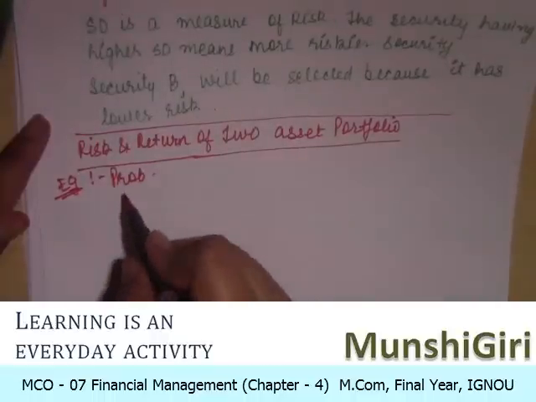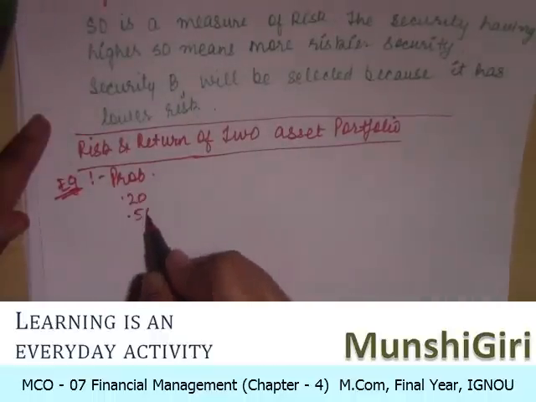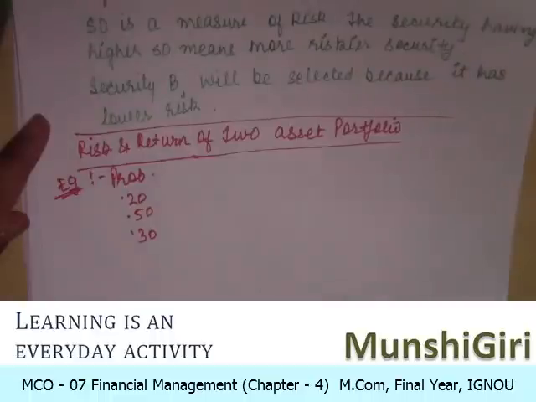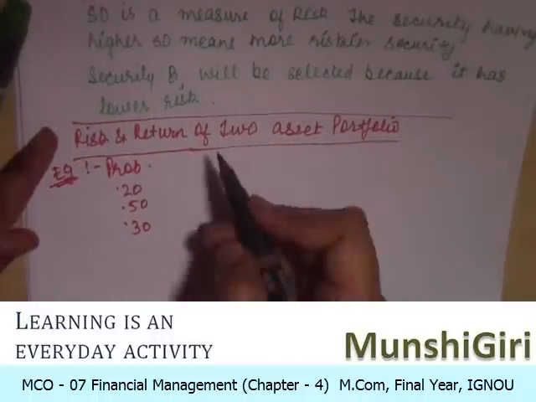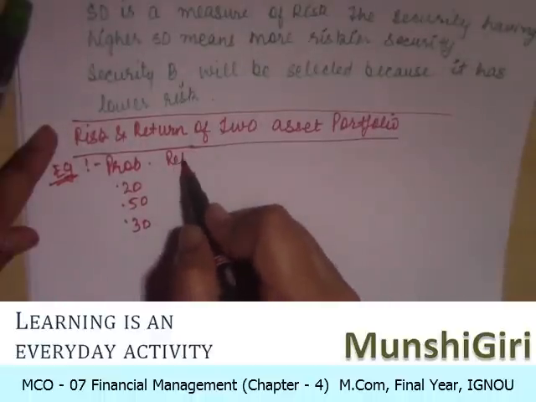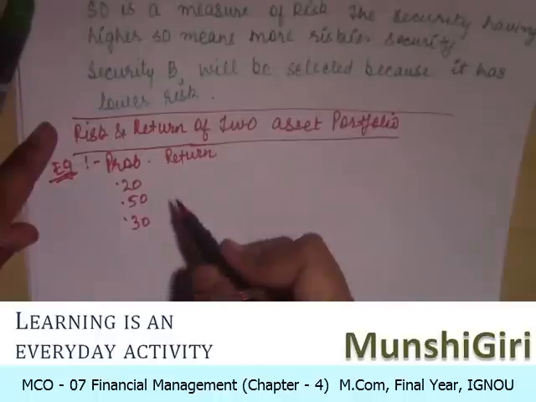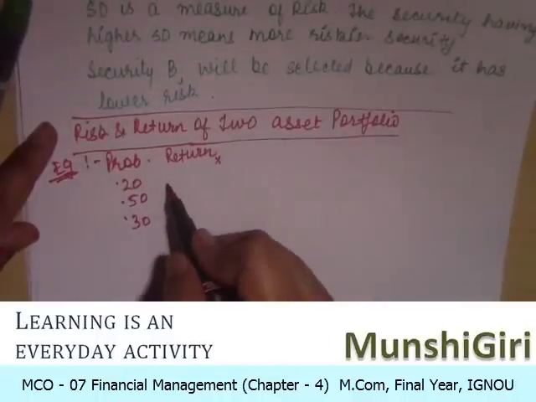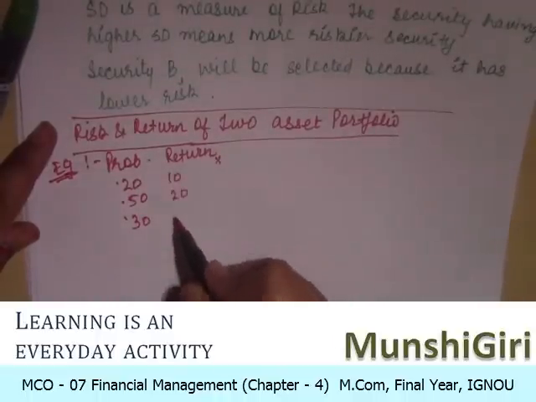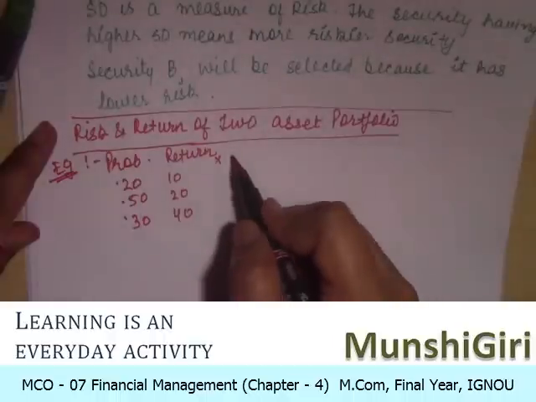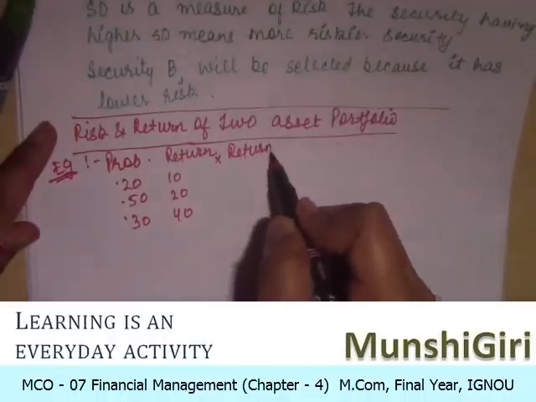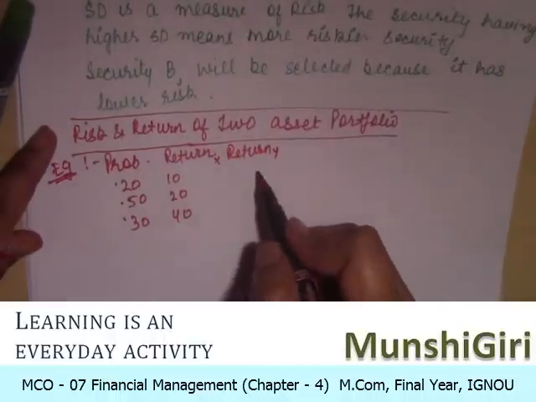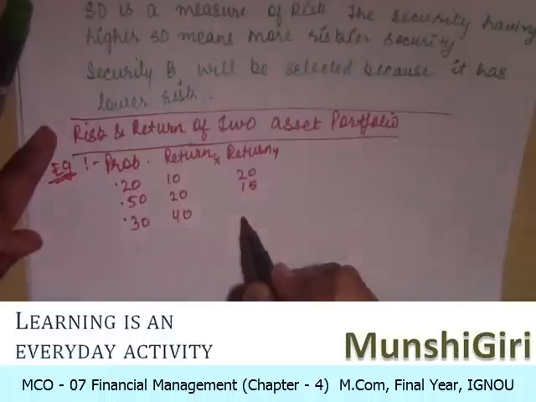We are given probabilities of 0.20, 0.50 and 0.30, that is 20%, 50% and 30%. The return on stock X is 10, 20 and 40, and the return on Y is 20, 15 and 60.